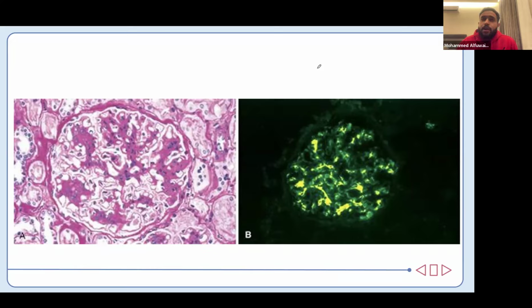Okay? Now, you might ask how do you differentiate this from post-strep? Because it can happen in children as well. So I want you to remember two things. I don't think they'll test you on this at all, but in case, in a scenario, you'll know. In post-strep, it happens 2 weeks after the strep infection.